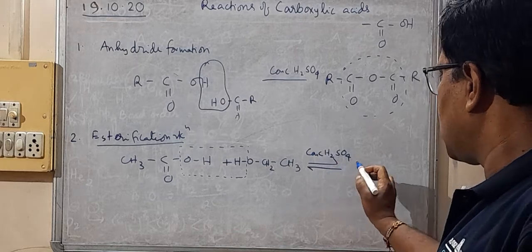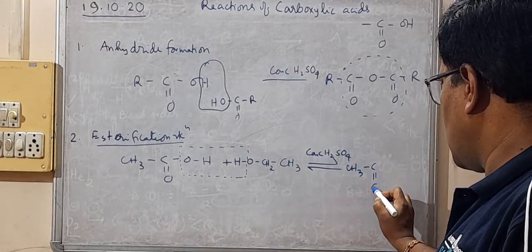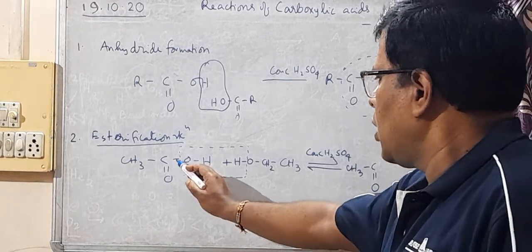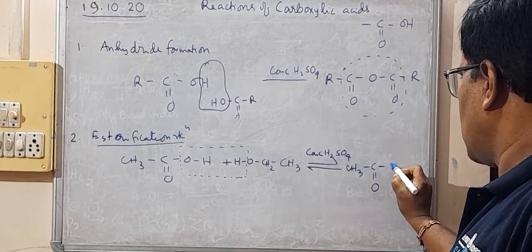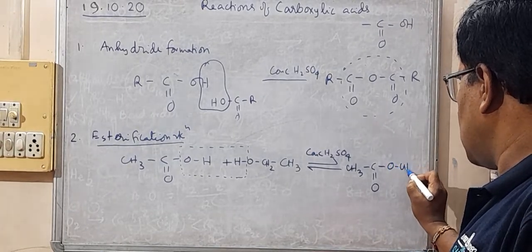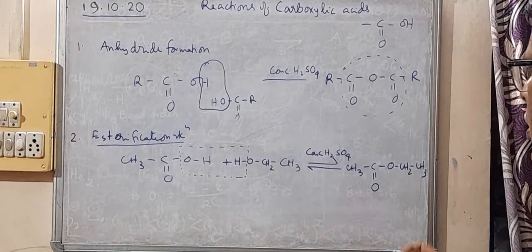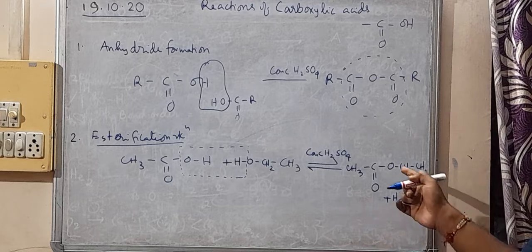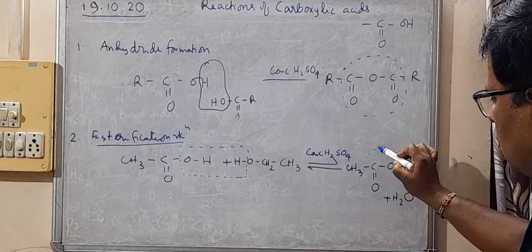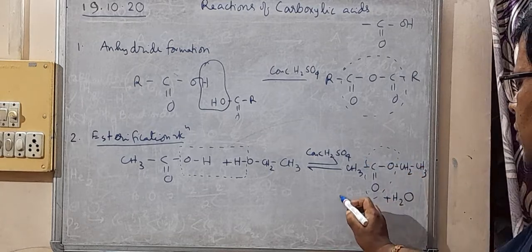So we get product CH3 C double bond O, then this bond gets connected to this one, O CH2 CH3, plus water, and this compound where we have this functional group is called ester.